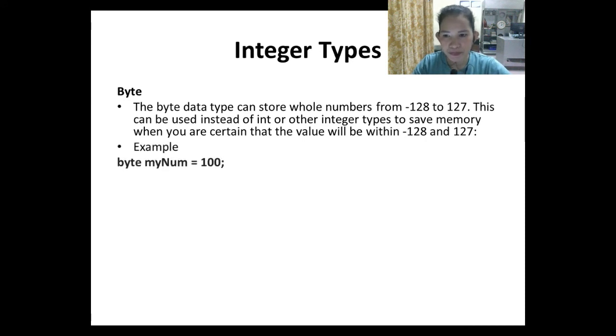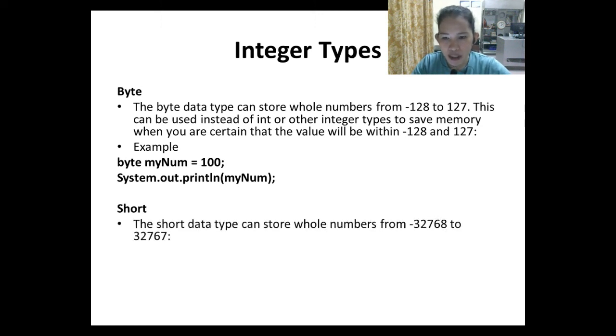Example, byte myNum = 100. Take note, 100 is within the range negative 128 and positive 127, so it can be stored as byte. System.out.println(myNum).